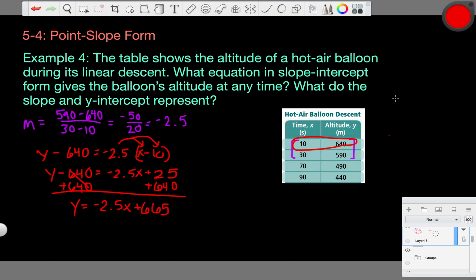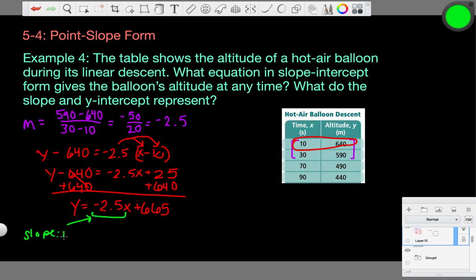Okay? Now, what do these numbers mean? That's the last part of our problem. So this first number, this negative 2.5x, well, this is our slope, right? And in this case, our slope is telling us how many meters our hot air balloon is descending in 1 second.